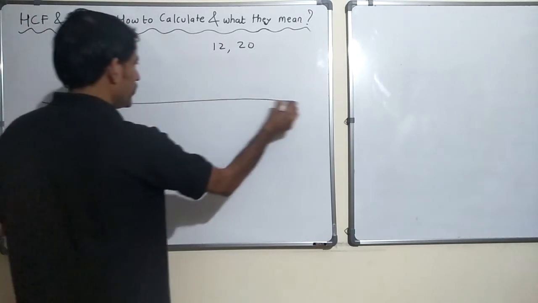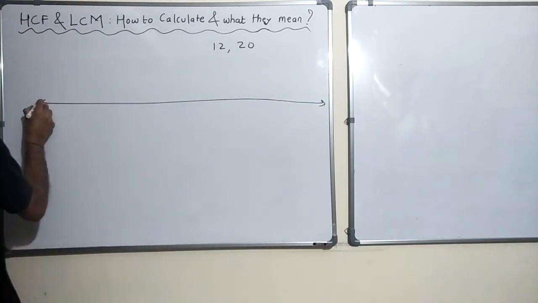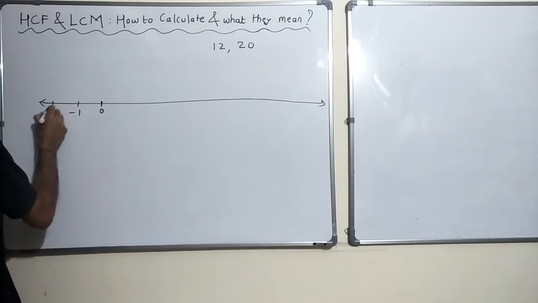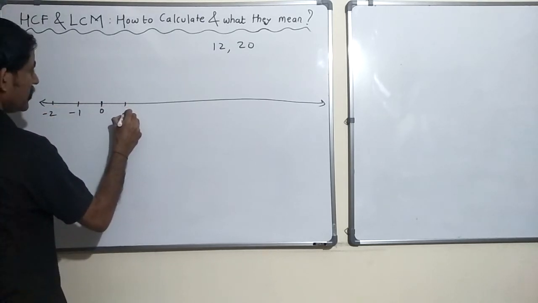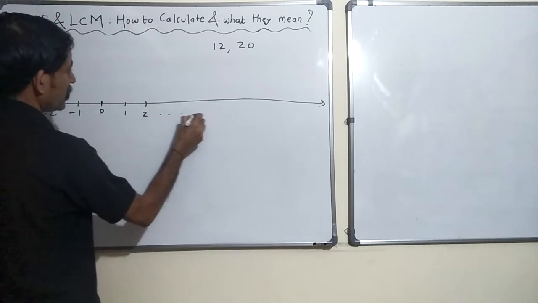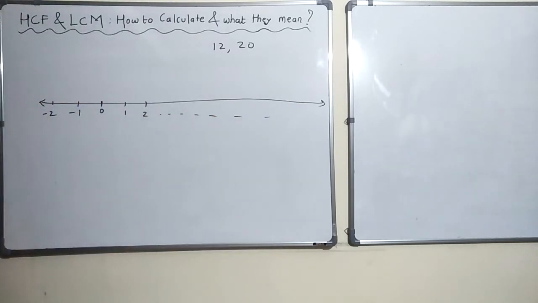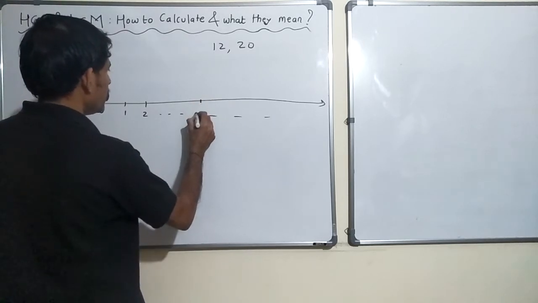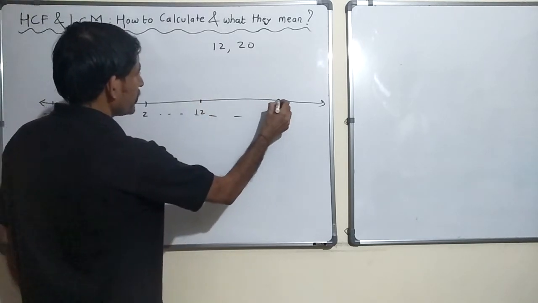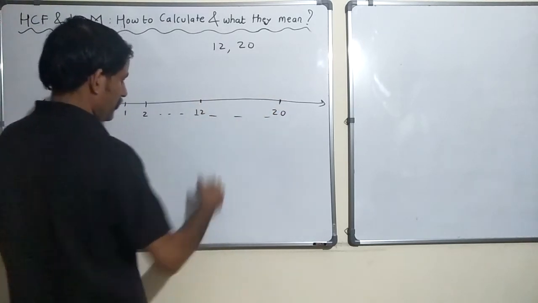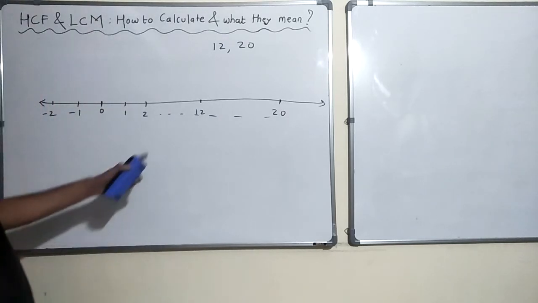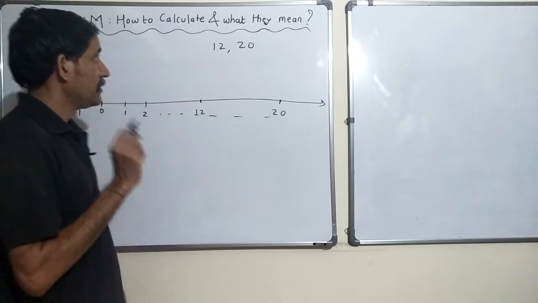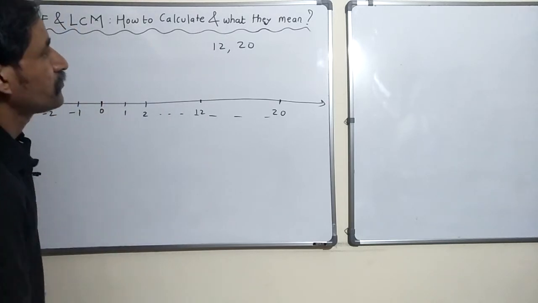I hope everybody knows what a number line is. This is 0, this is minus 1, minus 2, and this is 1, 2, and so on, it goes on. Now 12 is somewhere over here and 20 may be somewhere over here.